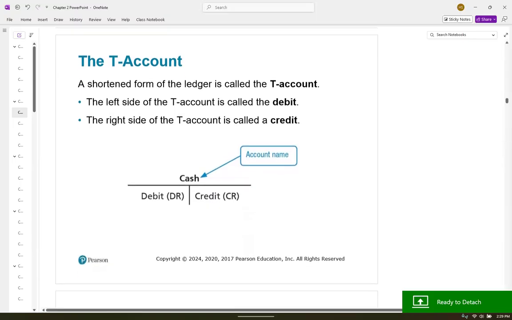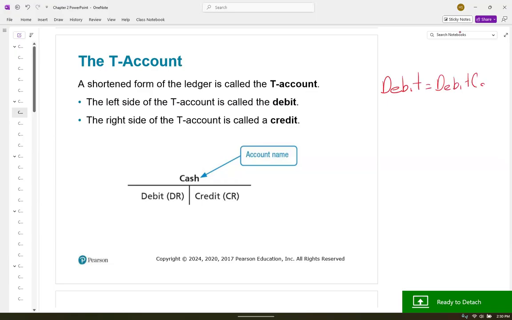confused the most. Okay. So let's talk about the definition of a debit. A lot of students think of their debit card and then they start thinking about their checking account and money going in, money going out. Some students will think of it as an increase or a decrease.